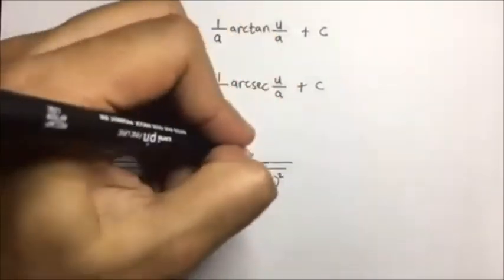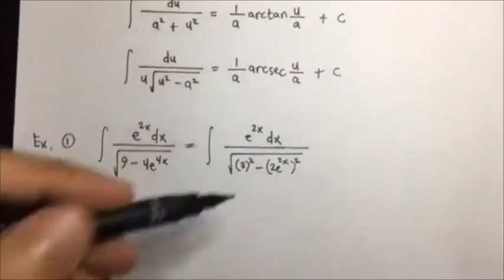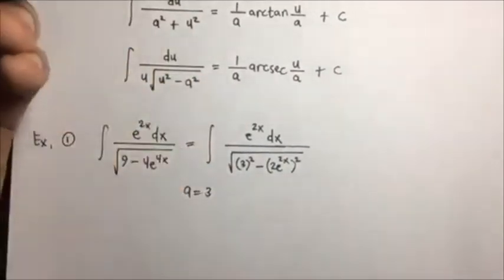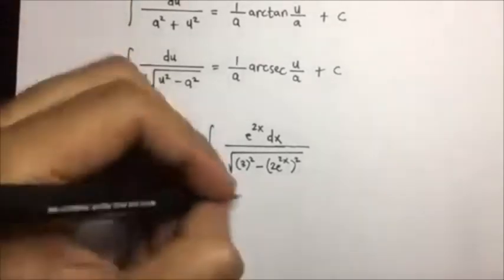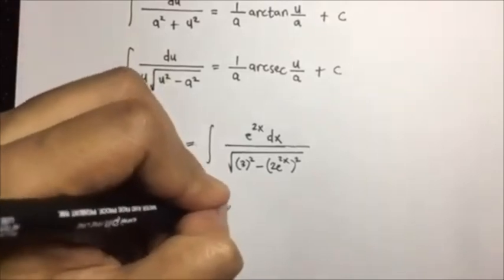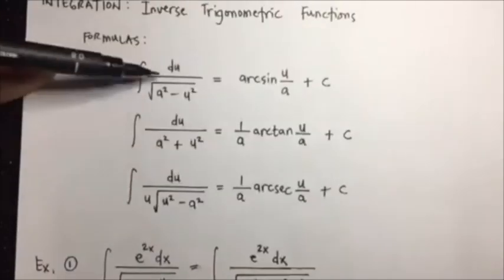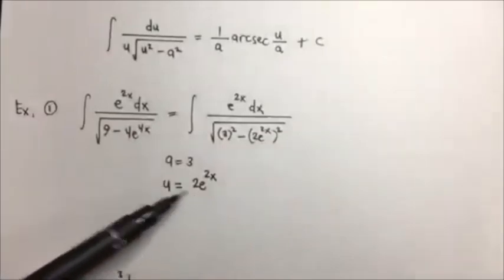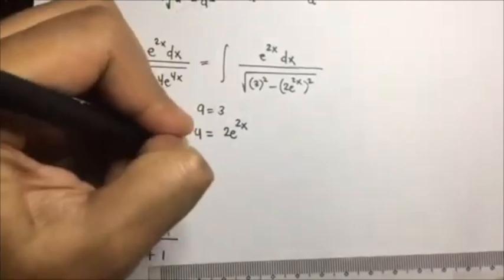So don't forget the dx. Therefore for this problem our a is equal to 3 and our u is equal to 2e raised to 2x. Remember that to apply this formula, the numerator should be the complete differential of u. So we need to find du.